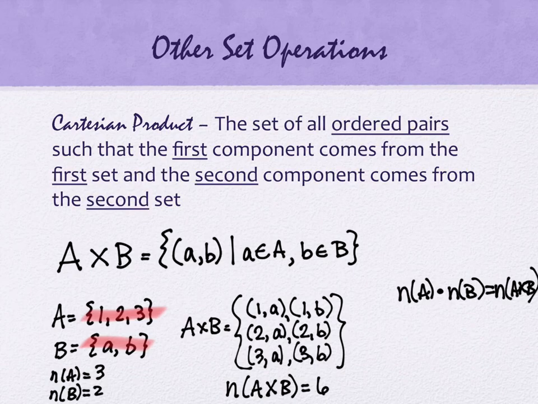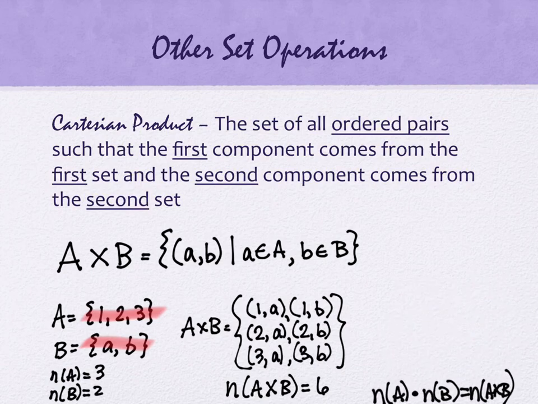If I had done this reversed, would I end up with the same ordered pairs? Let's try it. If we don't see whether it works right away, let's just try it. So let's find B cross A. That means taking an element from B, which is the letters.